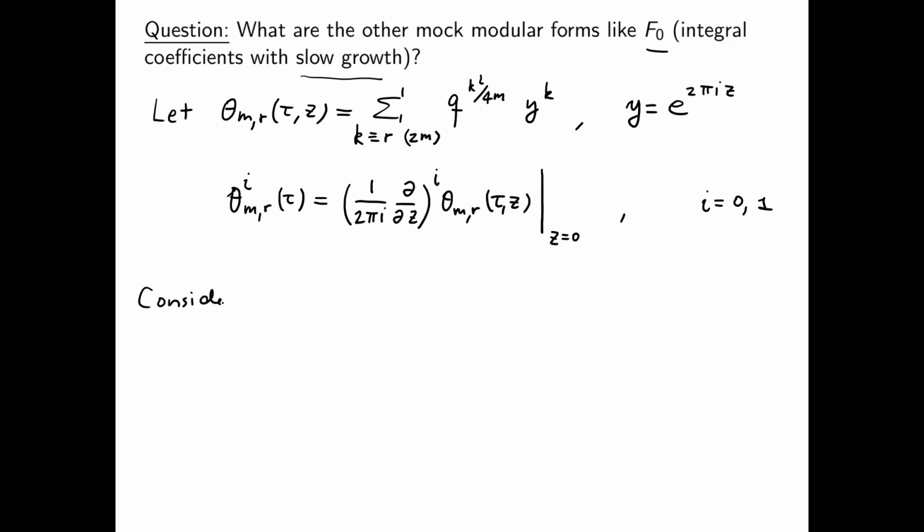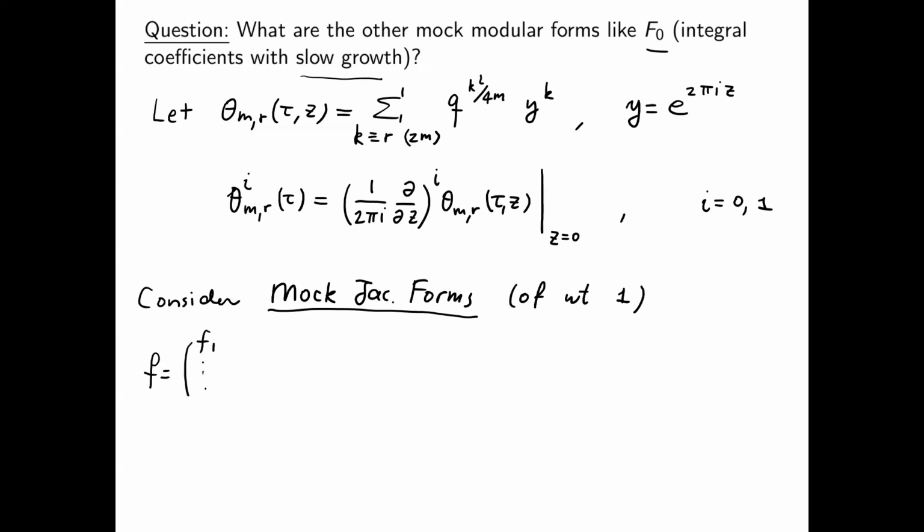And now I want to consider the so-called Mach Jacobi forms, which mimic the usual Jacobi forms. I'll first start with weight 1, since that's where we encounter Ramanujan's function. So what are they? They're basically the same as a vector valued Mach modular form, such that there's a vector of modular forms, which are the shadows.